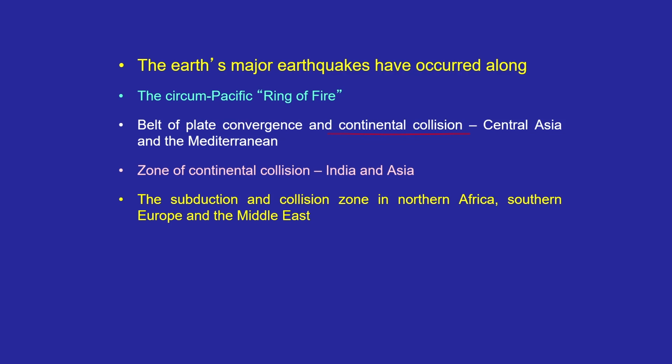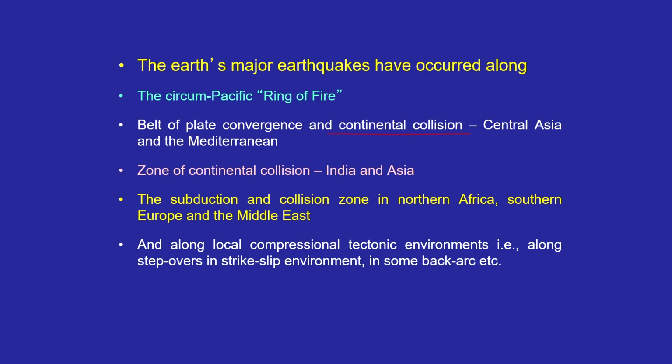That is one of the most prominent examples in terms of collision. So subduction zones and collision zones in northern Africa, Southern Europe and Middle East, and along local compression tectonic environments, that is along stepovers in strike slip environment in some back arc regions.